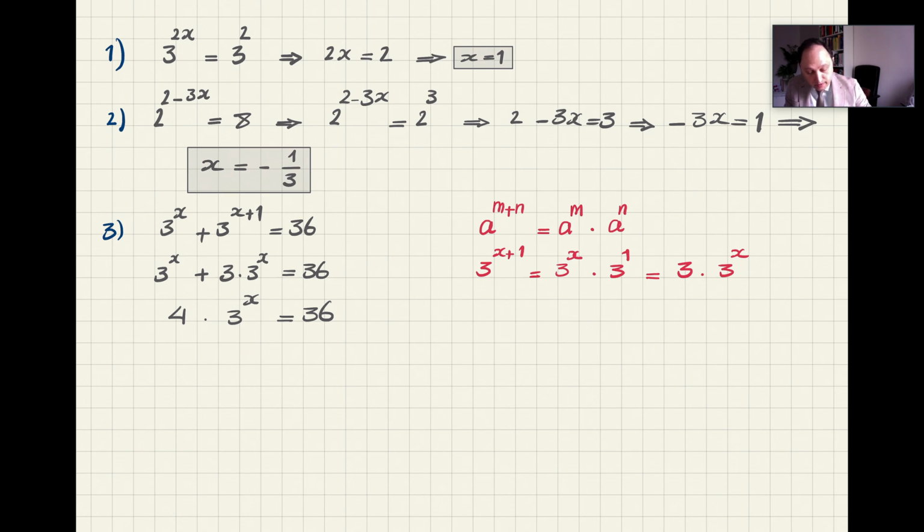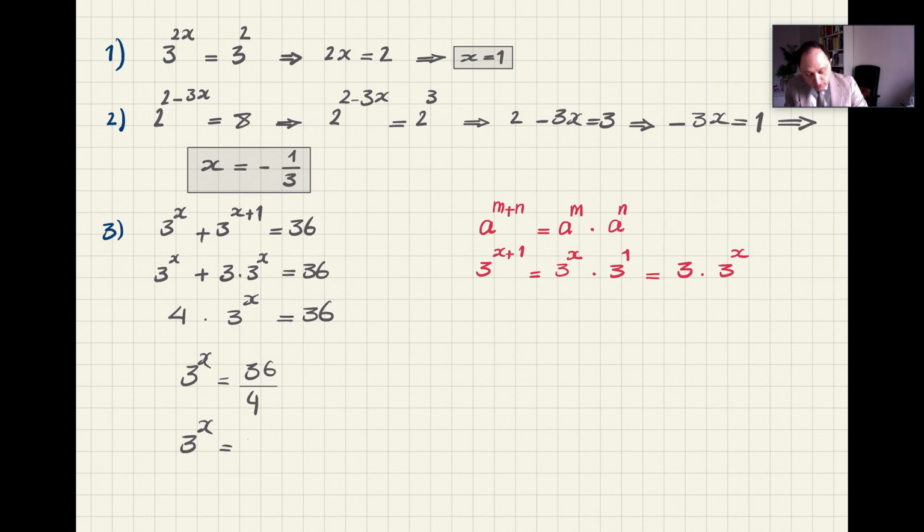The reason that I was able to write this in this way is because of this formula from the power rules, yes? And then I would say that, okay, I don't know this, but I know something: I know what is inside this black box. 4 times that is 36, so it is clear 3 to the power x is equal to 36 divided by 4, and this means that 3 to the power x is equal to 9.